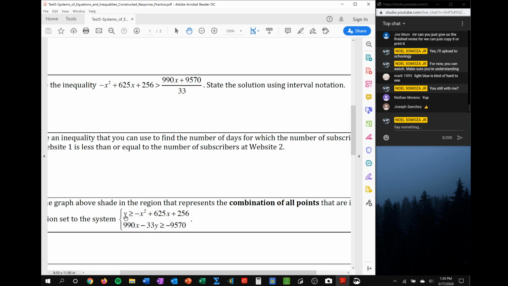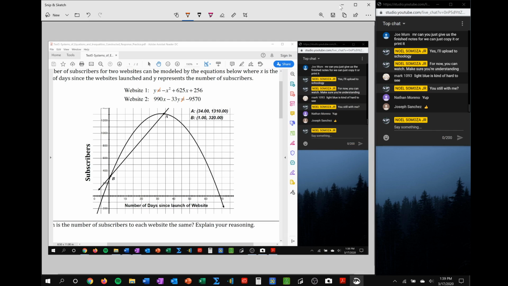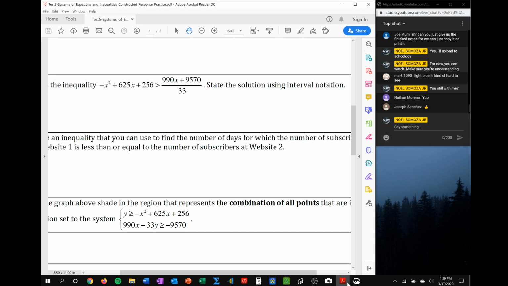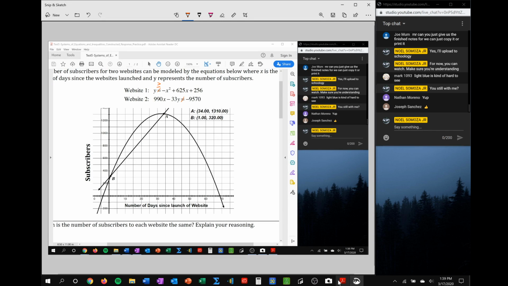You want the quadratic here. You want y to be greater than or equal to. And then for the other one, same thing, you want 33y greater than or equal to.